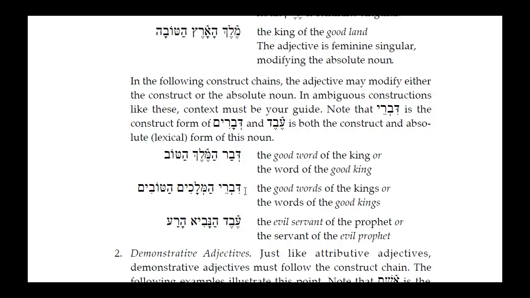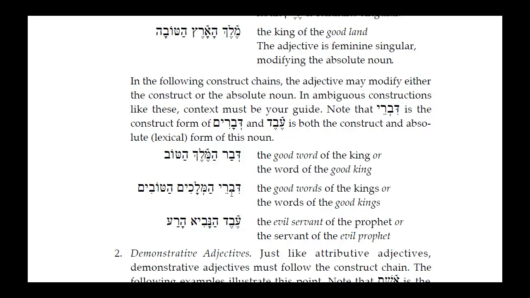Also, we have divrei on the next one: Hamelachim hatovim. What we want to do is look at the adjective here. The adjective hatovim is masculine plural, because of the im. The Hirik Yod Mem Sofit here tells us it's masculine plural. And we see that Hamelachim is masculine plural, and divrei is masculine plural construct.